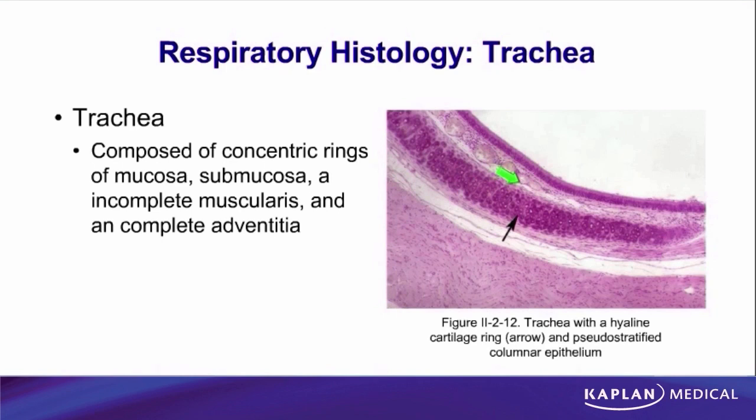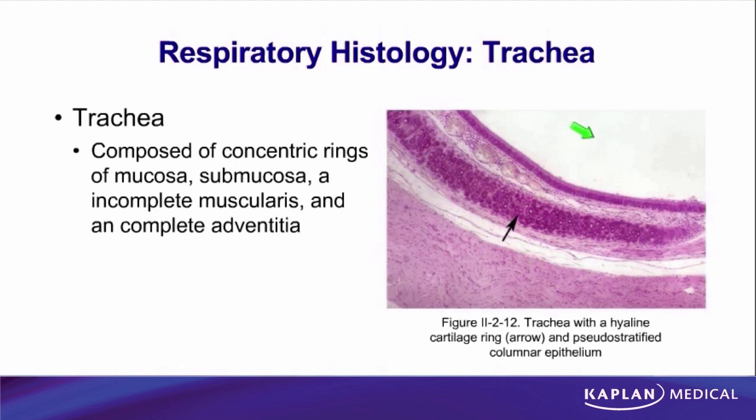Outside of that we'll have a muscular layer and/or cartilage, depending upon where we are. So here we see cartilage in this part, smooth muscle in this part. And then outside of that, we have the connective tissue, adventitial layer. So mucosa, submucosa, muscularis and/or cartilage, and then adventitia. There's the lumen in there.